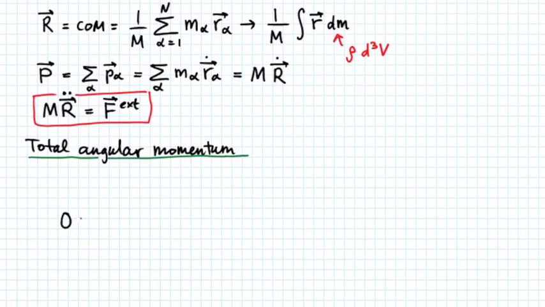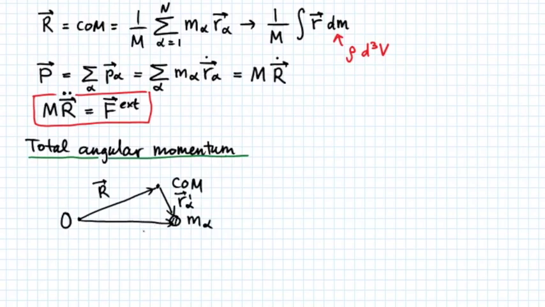Relative to some point O, the center of mass is described by vector R. The individual chunk of the body, alpha, with mass m alpha, is given by vector r alpha prime, which gives us the total position r alpha, without prime, of this chunk.